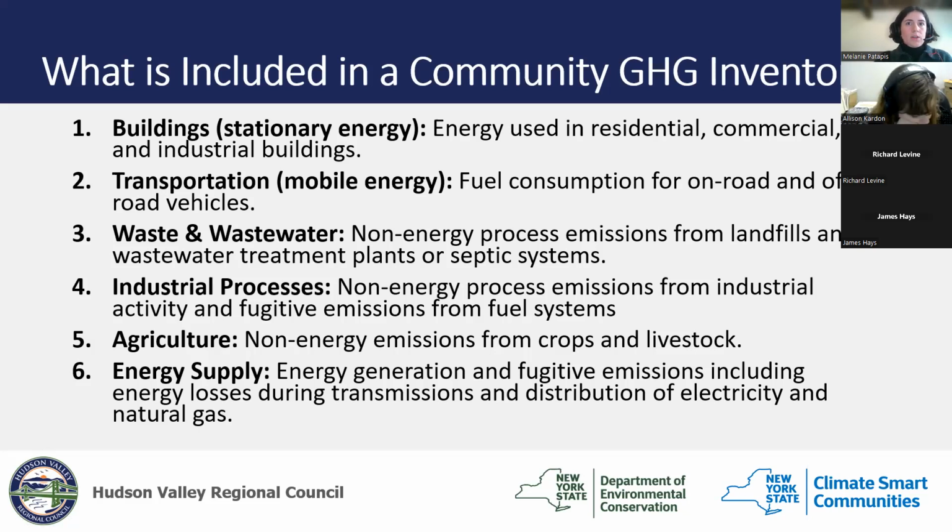Waste and wastewater, which include process emissions from landfills, wastewater treatment plants, and private septic systems. Next is industrial processes. Agriculture, and then energy supply, which includes energy generation, and then any fugitive emissions, including losses during transmission, distribution of electricity and natural gas.